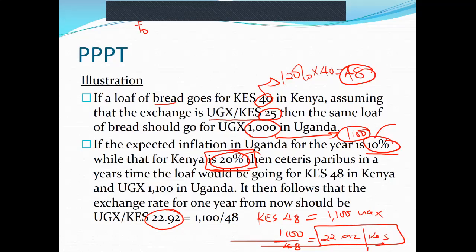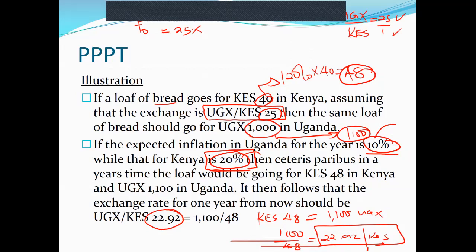Say, for example, you want to determine the exchange rate applicable in a year's time. You can use the purchasing power parity theory, which equals the current spot rate, which is 25, times the applicable rate. In this quotation, it was Uganda shilling per Kenyan shilling, 25 over 1. Therefore the price currency is the Uganda shilling and the base currency is the Kenyan shilling.